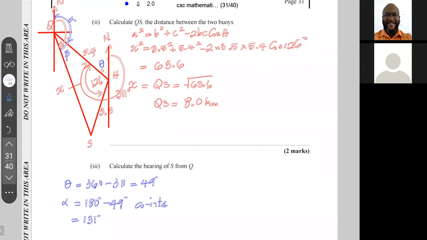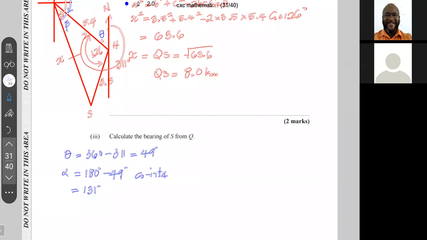And as I said, I'm going to do a workshop on this topic tomorrow. All right, so to get beta, beta is inside of the triangle. And after you use the cosine rule on a triangle, the next thing you must use is the sine rule.